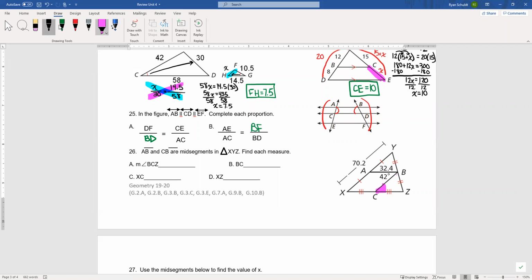Well, I'm only given one other angle, that 42. How is that 42 and the angle I want related? They're alternate interior angles. And what do we know about alternate interior angles? They're congruent. So that means the angle I want is 42 degrees.